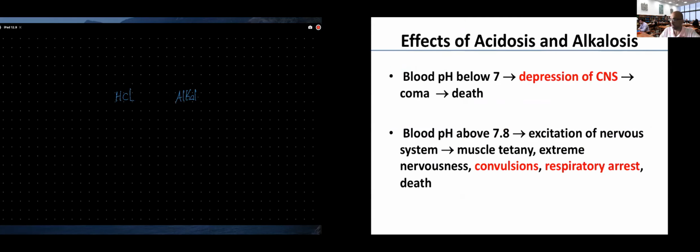What happens if blood pH drops below 7? This is going to cause depression of the CNS, causing coma and death.